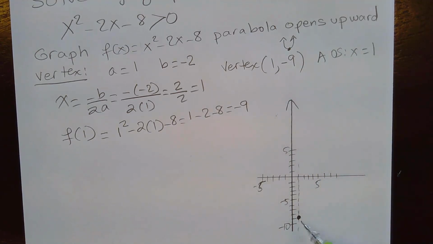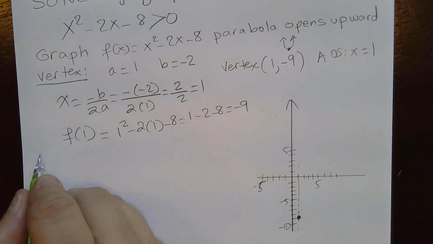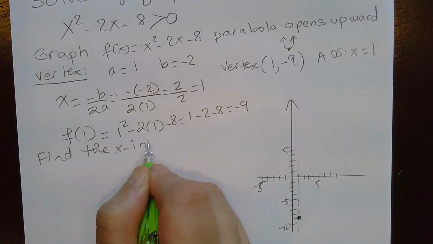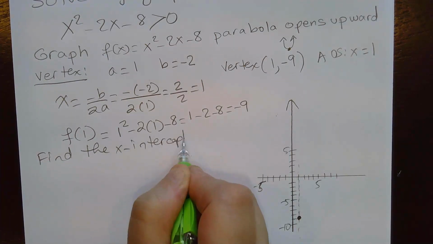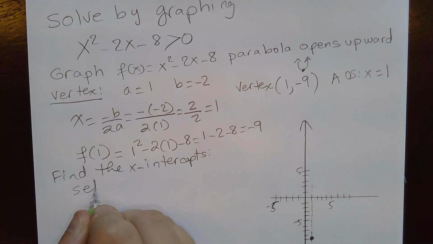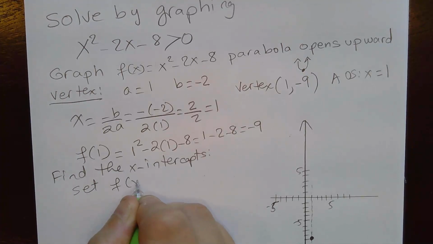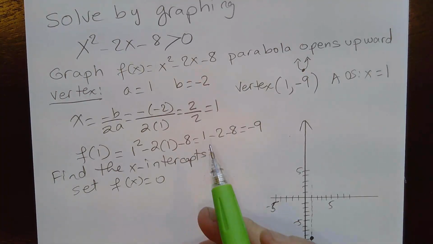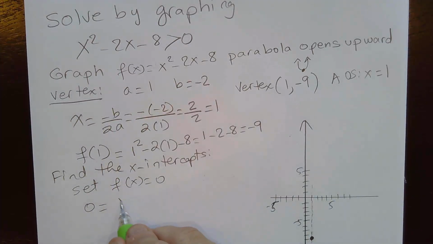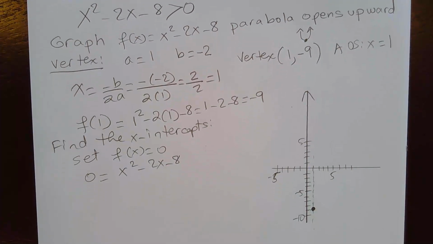Now, since the parabola opens upward, it must hit the x-axis, so we need to find the x-intercepts. If you recall, you find them by setting f of x equal to 0. So then you have 0 equal to x squared minus 2x minus 8. Now we have here a quadratic equation.